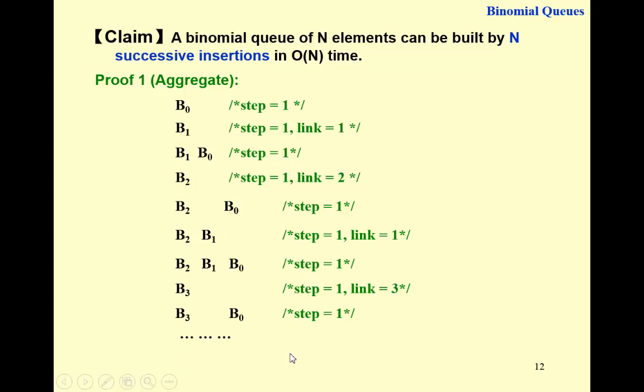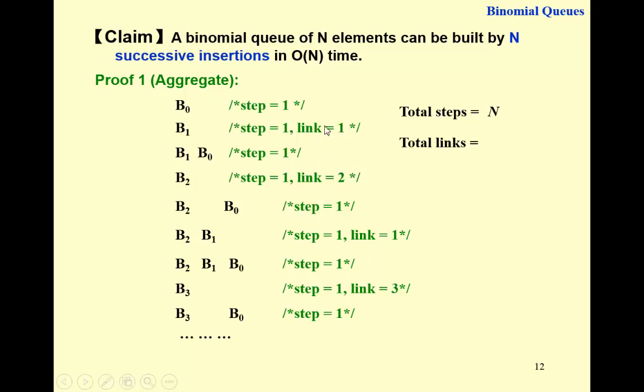Can you find the pattern? After n steps, what's going to happen? Well, first of all, how many steps do we need in total? If there are n elements to be inserted, the total number of steps is, of course, n, right? The difference is made by the total number of links. Can you find any pattern here?